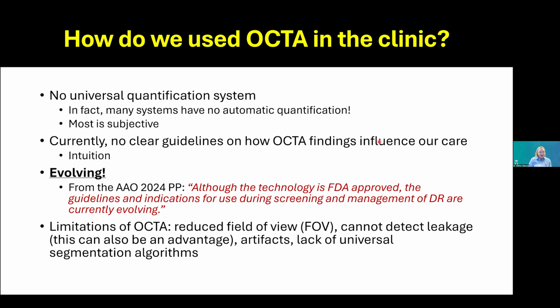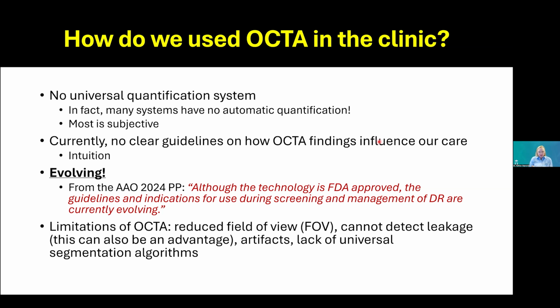So this is something that's constantly evolving. And I liked this quote from the preferred practice patterns that although the technology is FDA approved, the guidelines and indication for use during screening and management of DR are currently evolving, right? So there's no true guidelines for how we should really be changing our monitoring or our timelines of monitoring these patients.